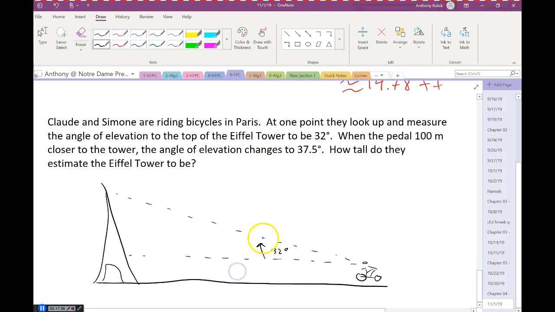And then we pedal a little bit closer. And when we look now, it's 37.5 degrees. And we're told that this distance here is 100 meters.